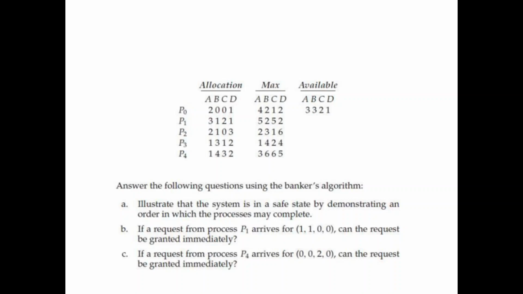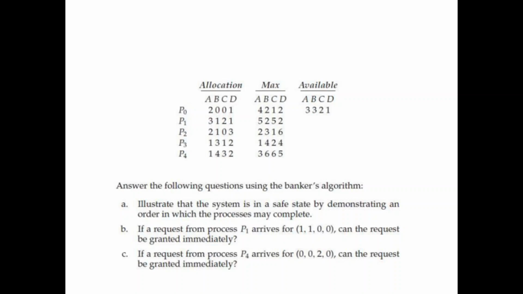Now the max matrix indicates the maximum demand of resources for each process. So P0 actually needs 4 instances of resource 1, while it has already received 2 instances, which means that it still needs 2 more instances of resource 1. Similarly, it requires actually 2 instances of resource B, but it has received none. So this is how we can interpret the max matrix.